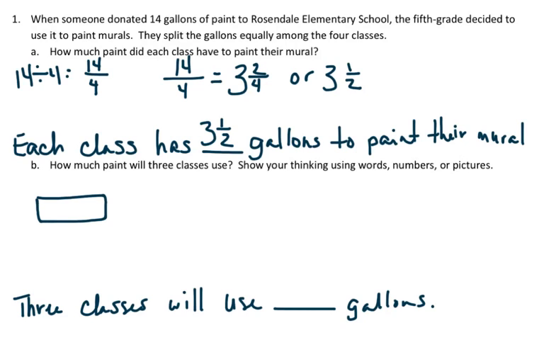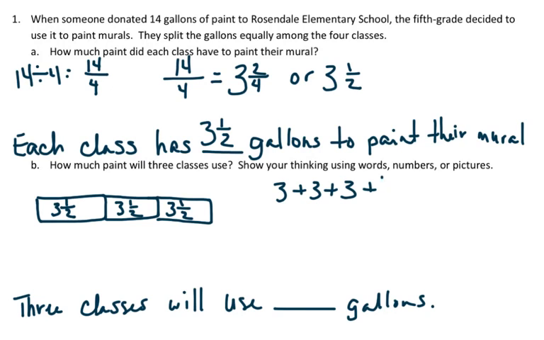So we know that one class uses 3.5 gallons. So if I do another class with 3.5 and a third class with 3.5, how much do we have altogether? Well, that would be 3 plus 3 plus 3 plus 1/2 plus 1/2 plus 1/2.